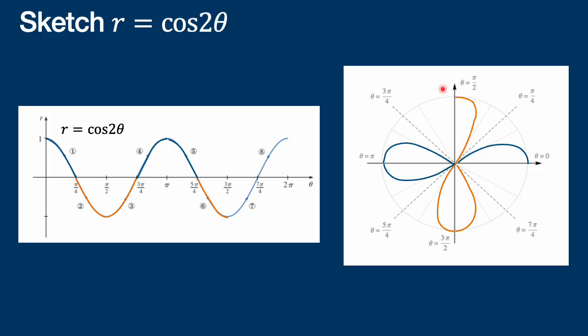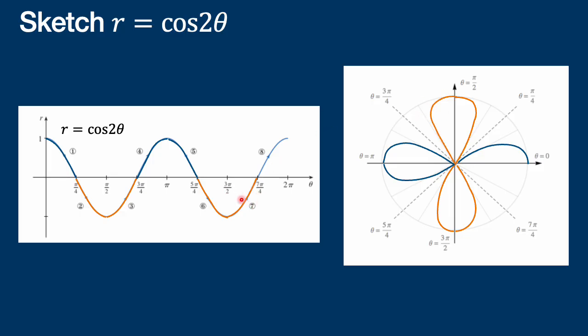You sketch right there because 5 pi over 4 to 3 pi over 2 is right here, but r is negative, so 180 rotation right there. 3 pi over 2 to 7 pi over 4. Here it is negative, so you cannot sketch here. You sketch with a 180 rotation, in the second quadrant. You sketch there.